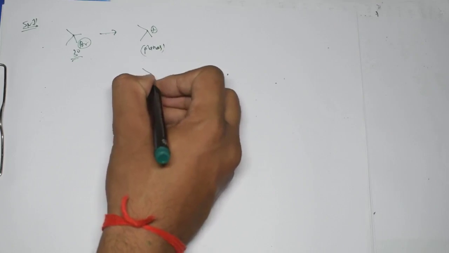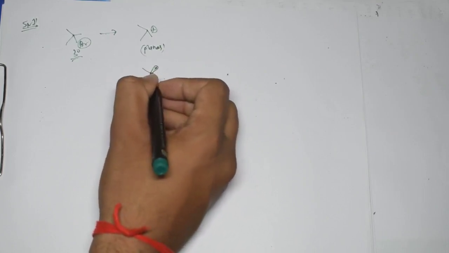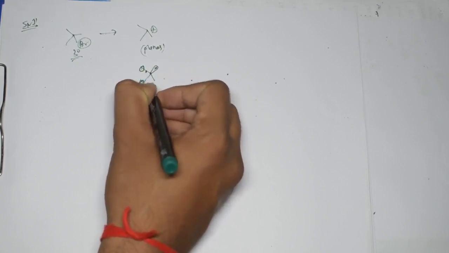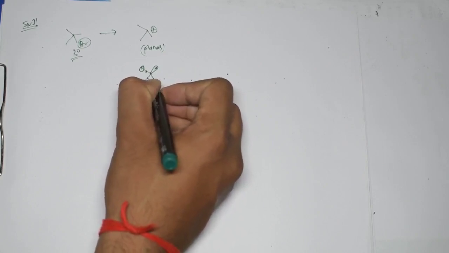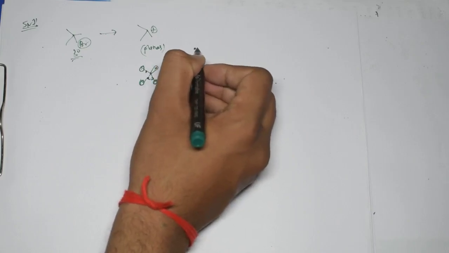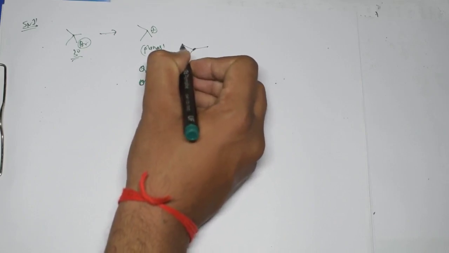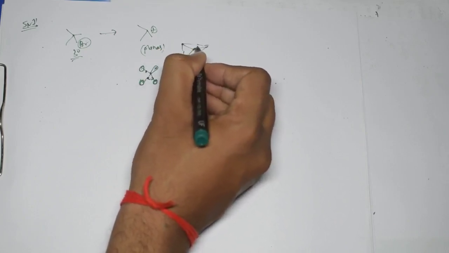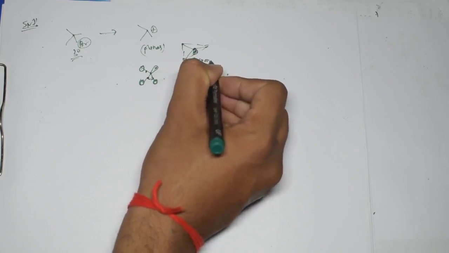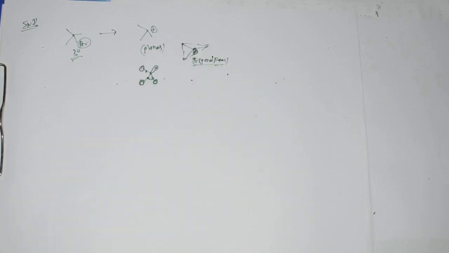If I try to draw its lobes over here, with the substituted groups present here, the repulsion would be more, so it prefers a planar structure like this. Here we have this carbon, and here one and here one and here one, something like this. So in case of carbocations we have a trigonal planar structure. Right. So this is about the stability of the carbocation.